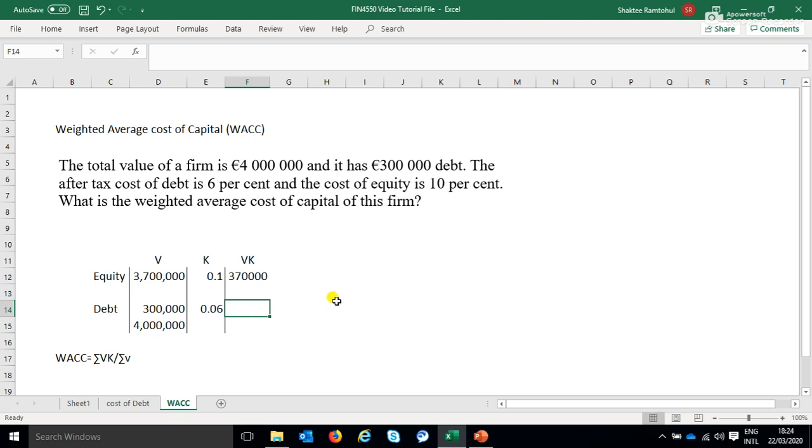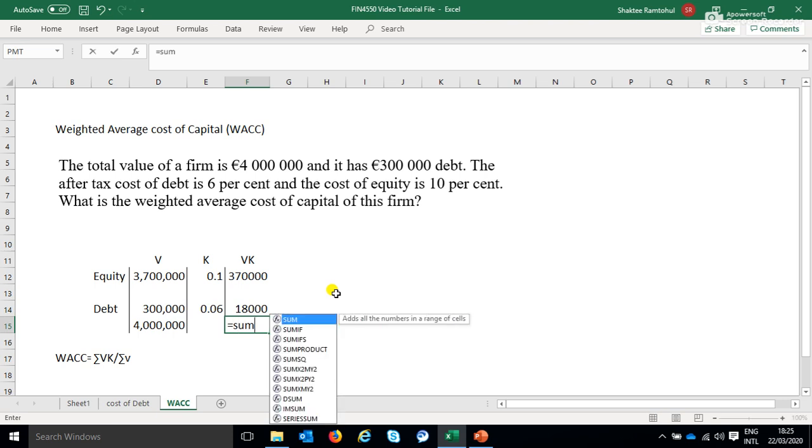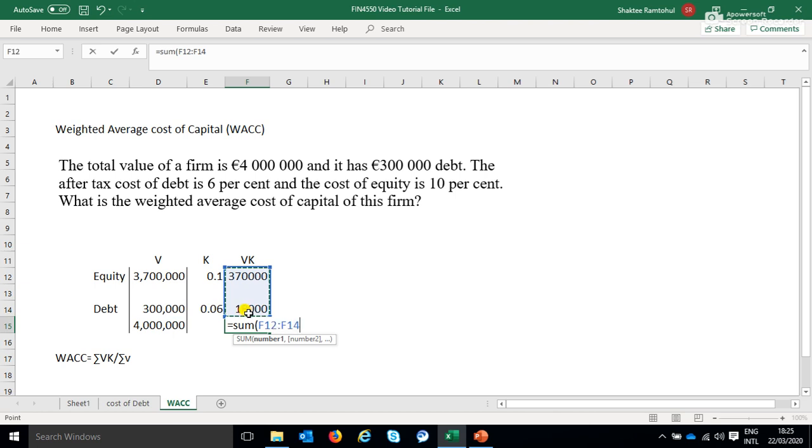Also for the cost of debt, we have 300,000 euros of debt multiplied by the cost of debt, 6%, and that leaves us with 18,000. Now, what I'll normally do is sum these two up. So I would add 370,000 and 18,000, and I will get a figure of 388,000.